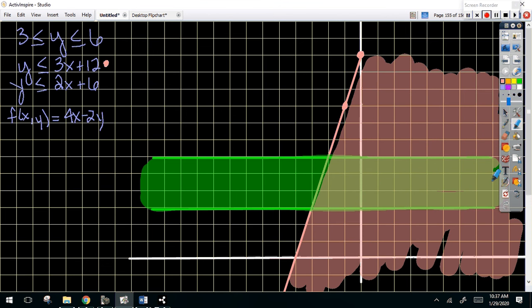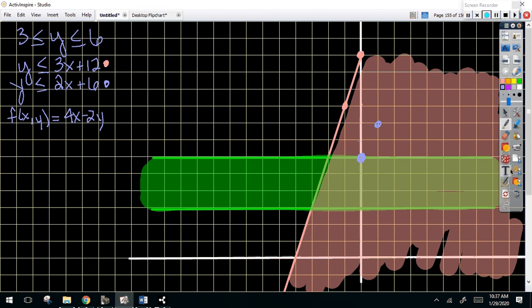One more: 2x plus 6. So here, that's going to be an easy intersection point because it intersects right there on the line. 6, and then I go up 2 over 1. And I'm going to connect those.